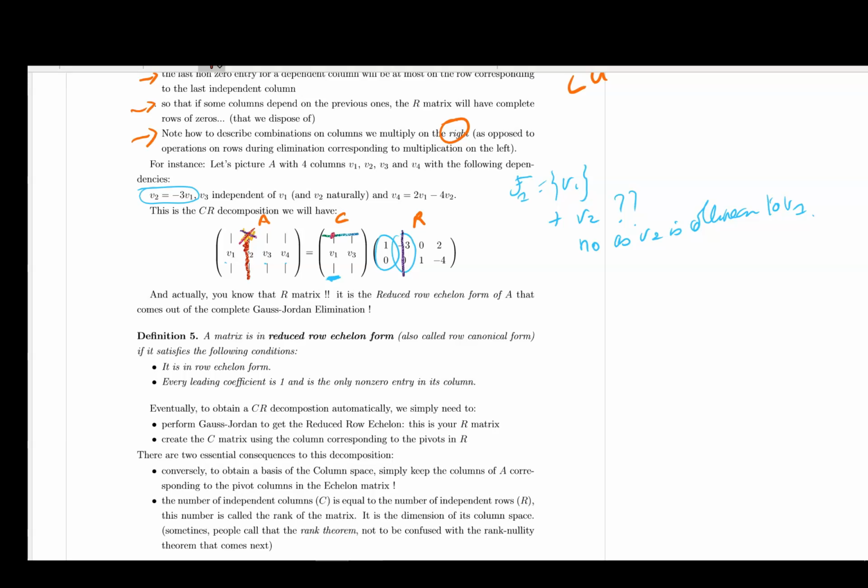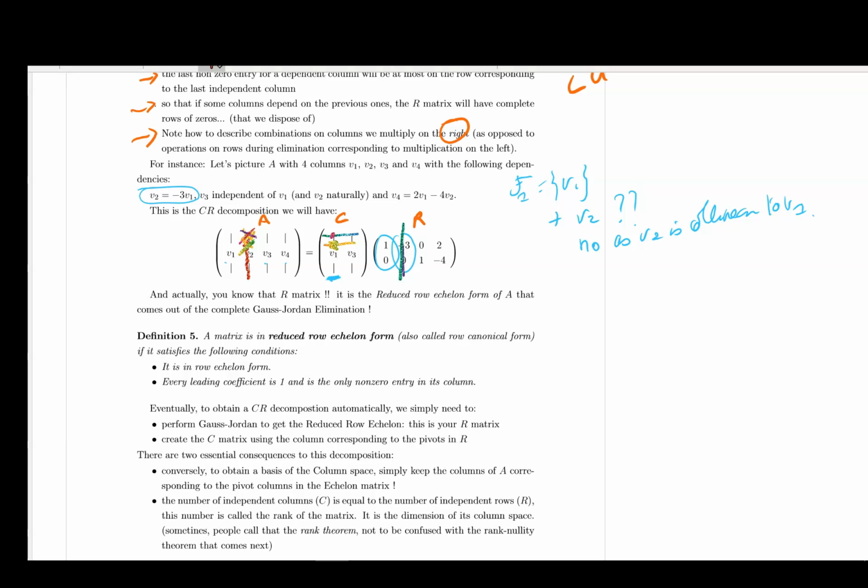Next, if I want to build that one, I'm going to take my second row of my C matrix and again multiply it by my corresponding column. So it's going to be negative 3 times my item in the V1 column and 0 times what's happening afterwards.